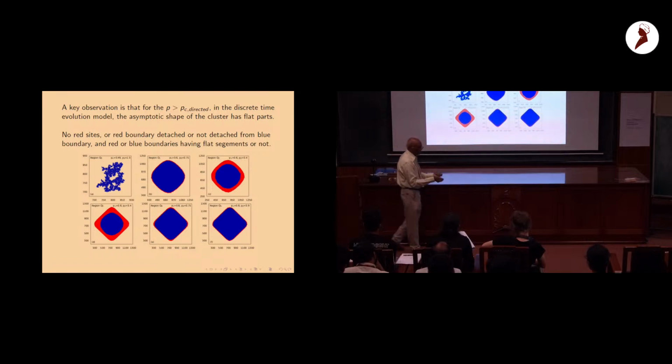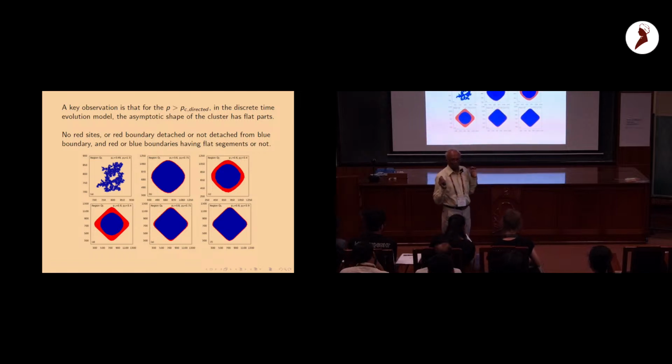There is a red front and there is a blue front. It seems reasonable that the velocity of the red front will be independent of the rate at which the blue spreads, because the reds are growing and the blues are so far away, they don't matter.